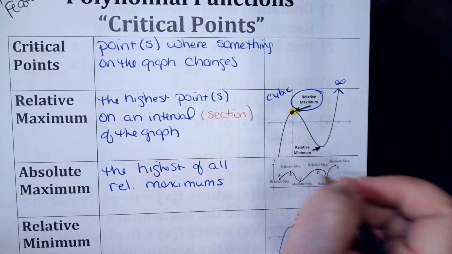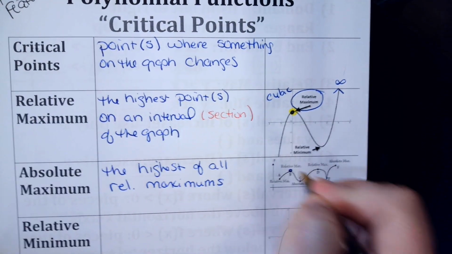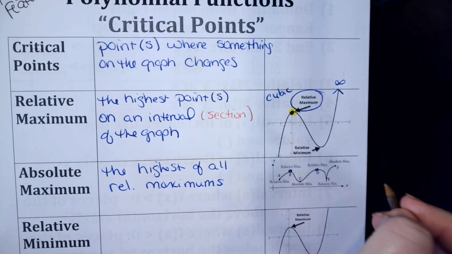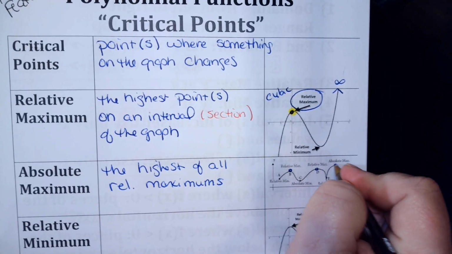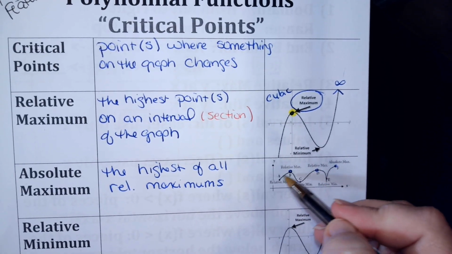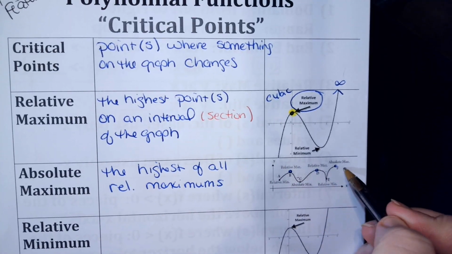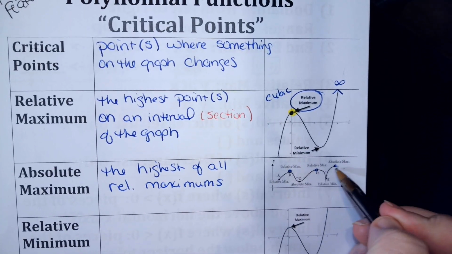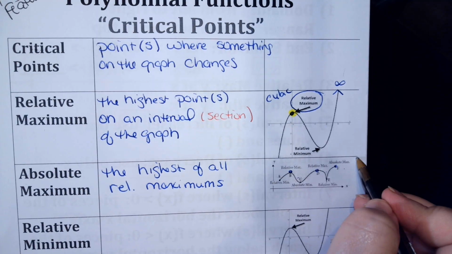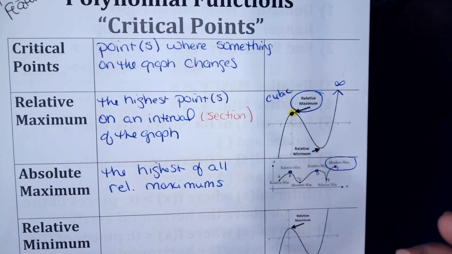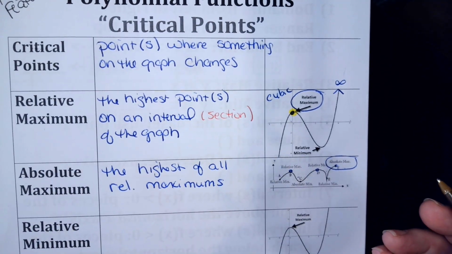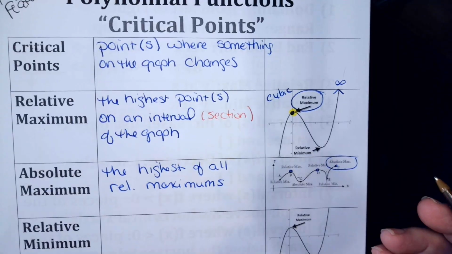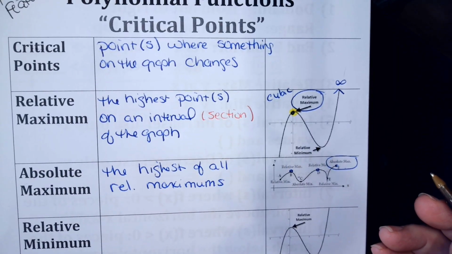In looking at our diagram, I see that B is a relative maximum, D is a relative maximum, and F is a relative maximum, because they are the highest point in each little section. But of these three relative maximums, F happens to be the highest, so it is not only a relative maximum, but it is the absolute maximum of this graph.